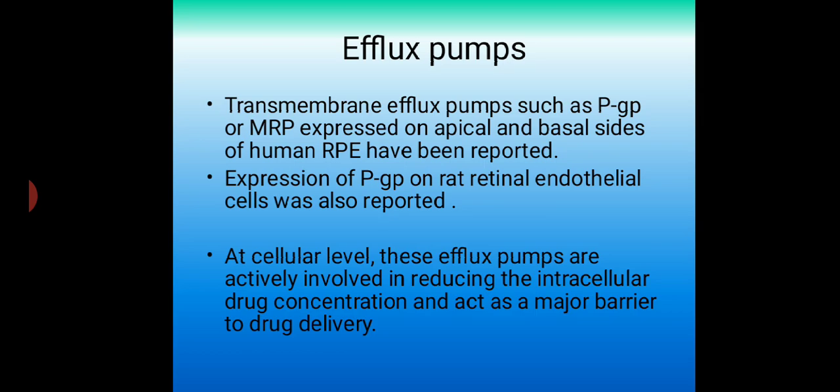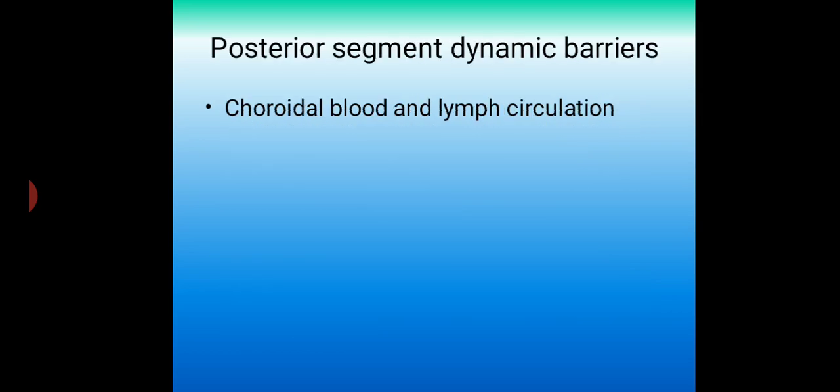As you know, these pumps that are present in the surface of the membrane carry the drugs from the inner surface towards the outer surface. And the main example of this was P-glycoprotein. Since we have discussed it, I am not going much deeper into this topic.